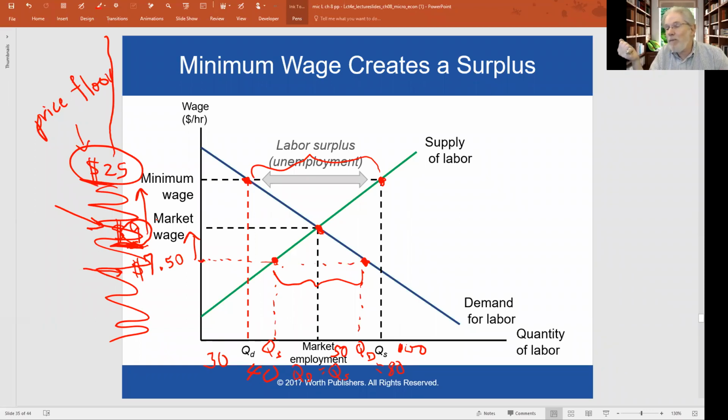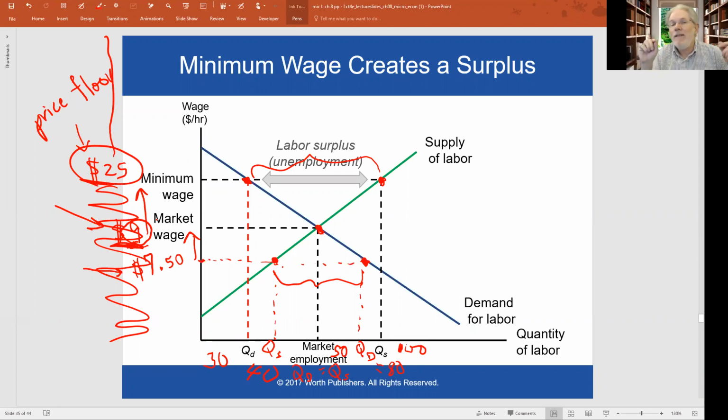Always remember, a minimum wage does not guarantee that anybody will receive that minimum wage. A minimum wage of $7.50 does not guarantee that anybody will receive $7.50 an hour. Now, think about what I mean by that.